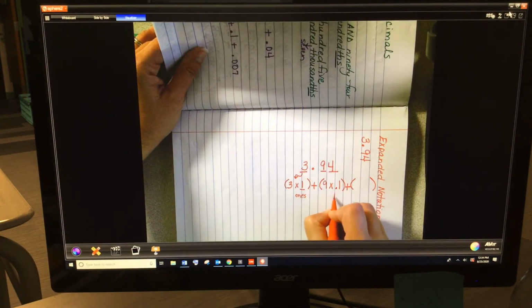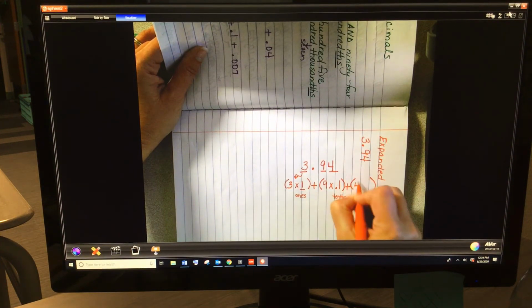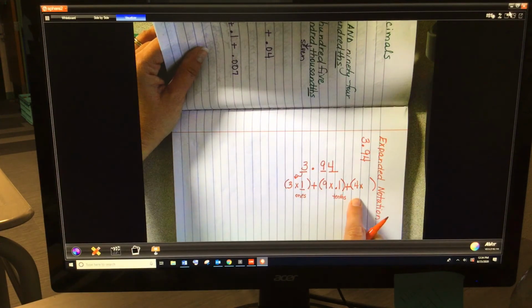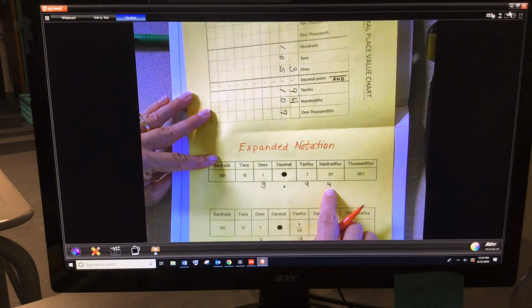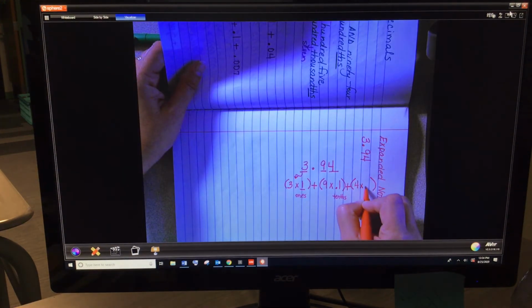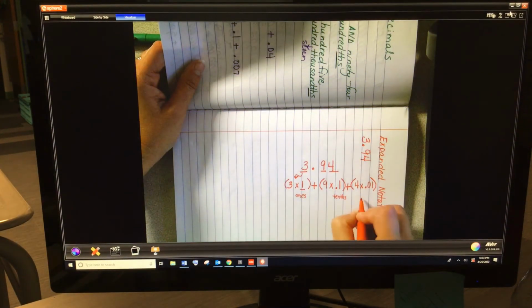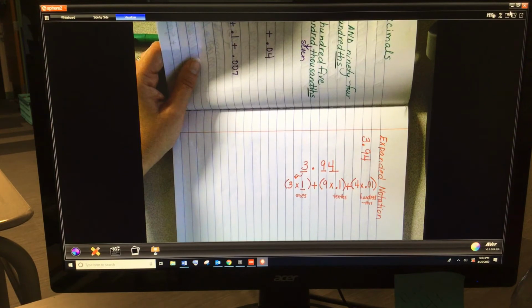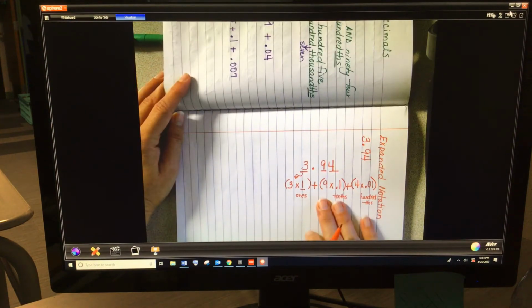Because again, this is the tenths place value. Now we're going to bring down our 4 times something. 4 times what? Well, what place value is that in? 4 times what? 100. Because it is in the hundredths place. So this is expanded notation with decimals.